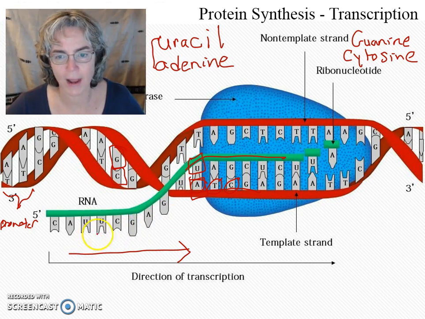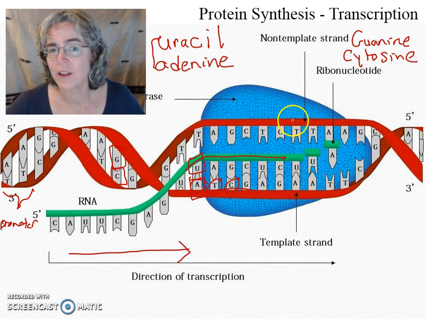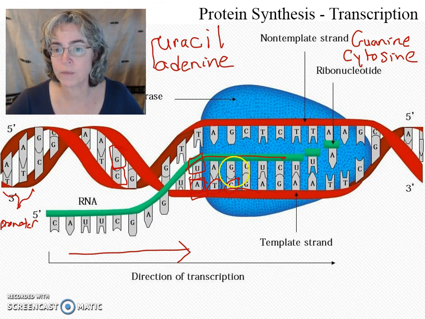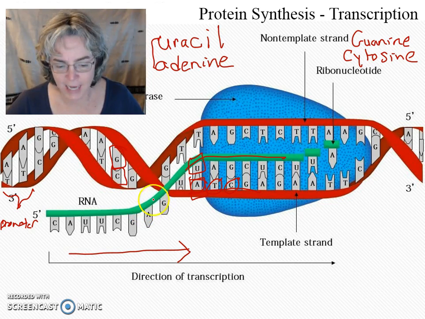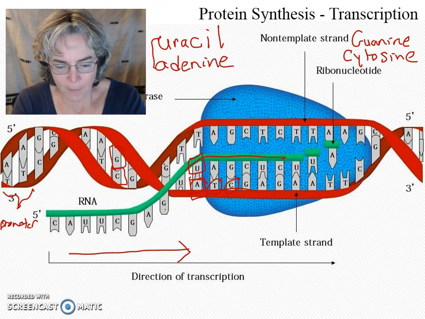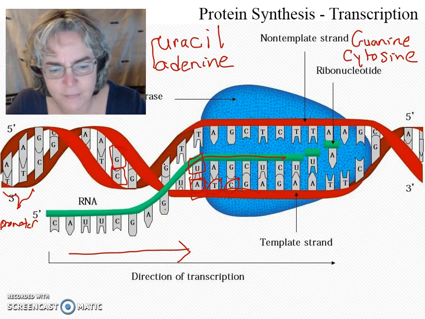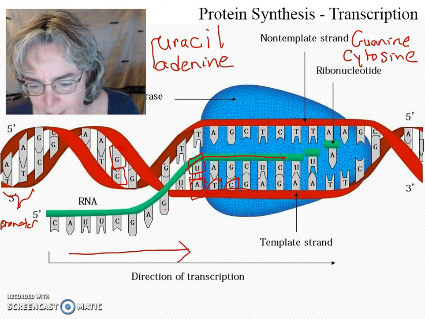And that's why, as the RNA polymerase passes through and helps to form these bonds, the attraction breaks and the RNA tends to, what's the term? There's a really funny term.